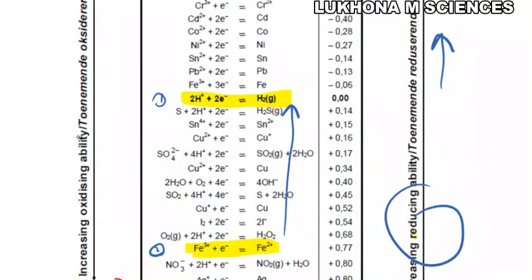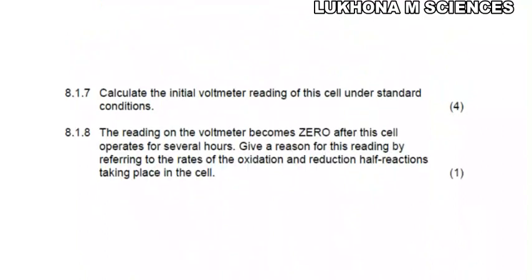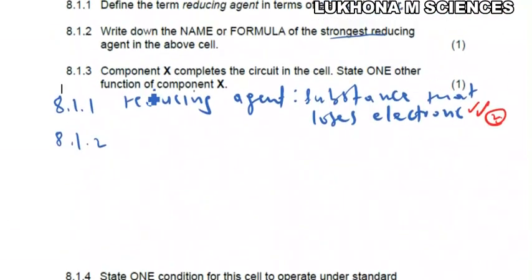This one below is the strongest oxidizing agent. So in this case, the strongest reducing agent is H2 or hydrogen. You can just say hydrogen.